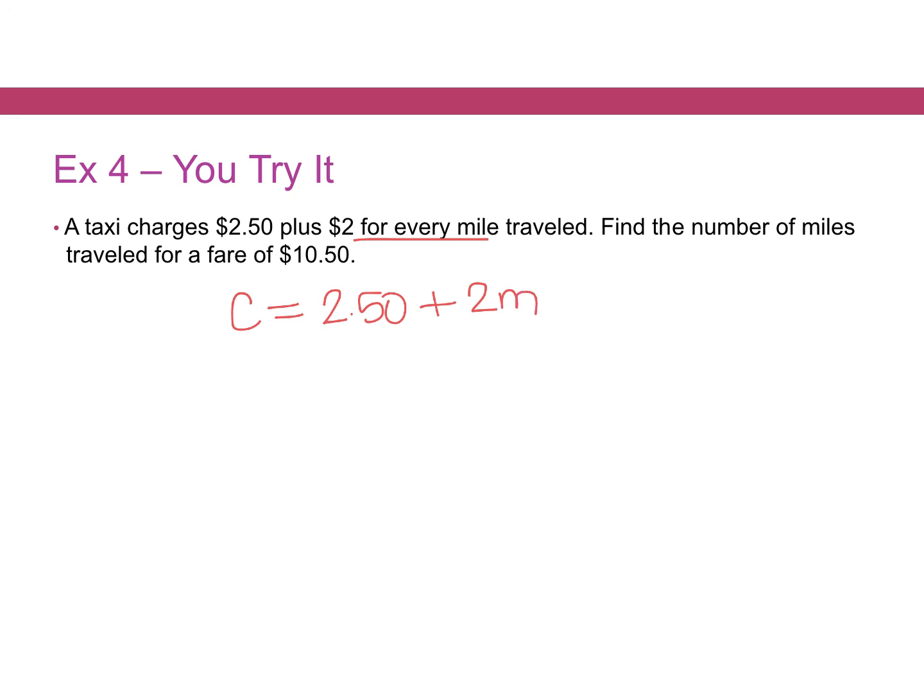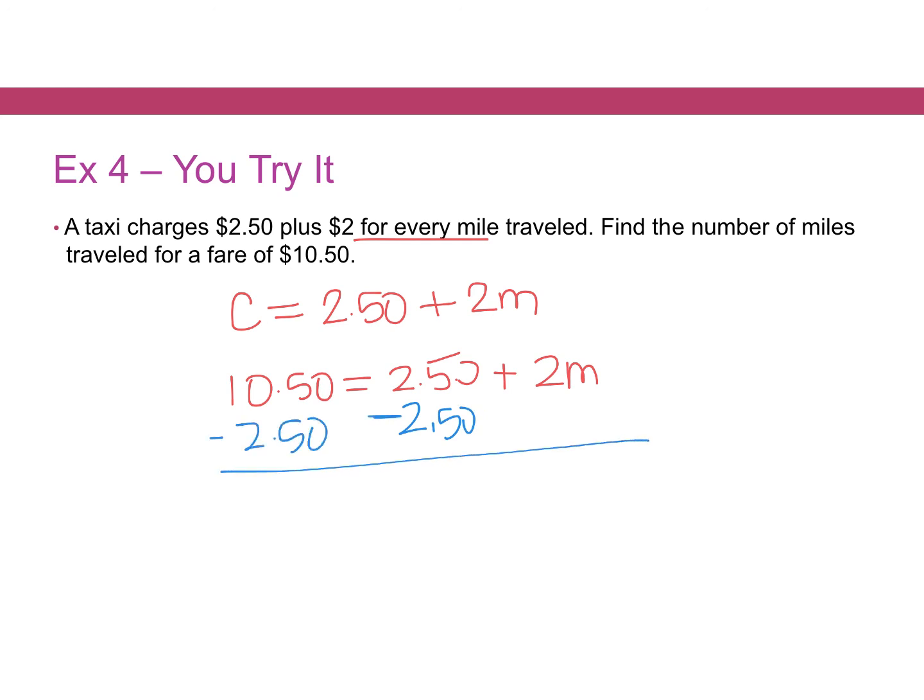They did tell me that my cost was $10.50, so I can plug that in for C. So I have $10.50 equals $2.50 plus 2M. So now I need to start working on getting that M by itself. So I can subtract 2.50 from both sides.